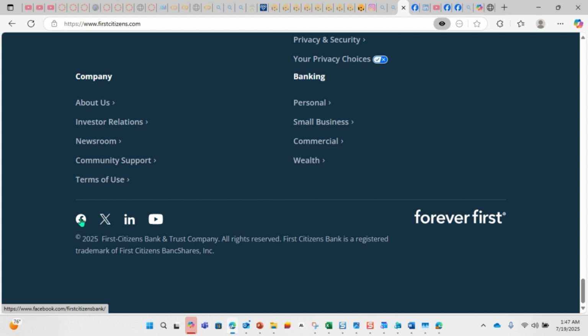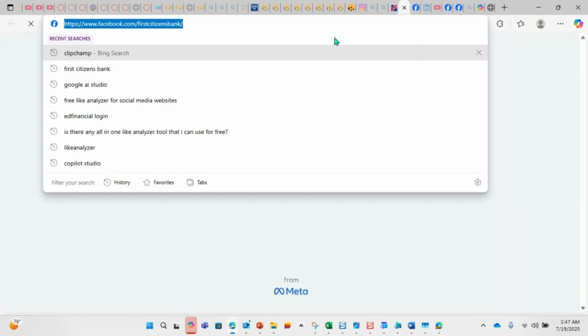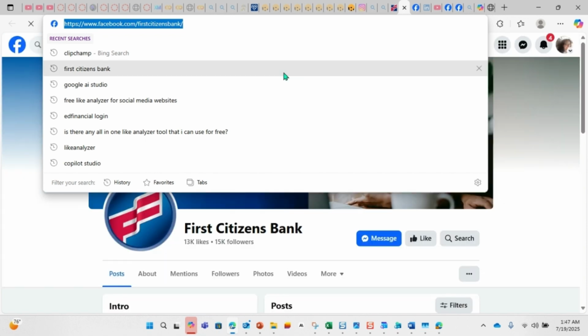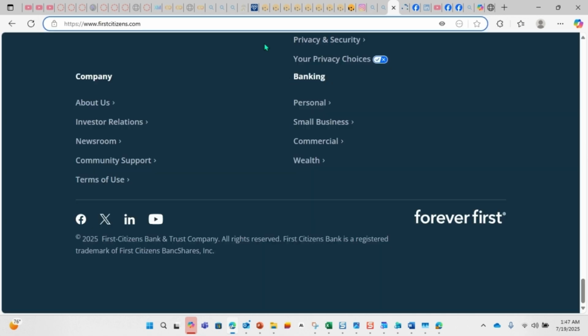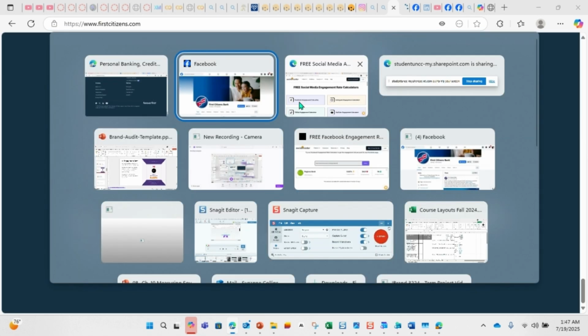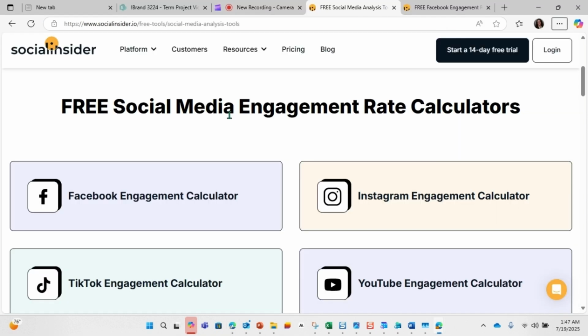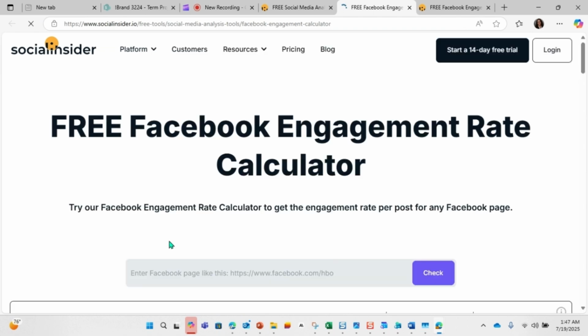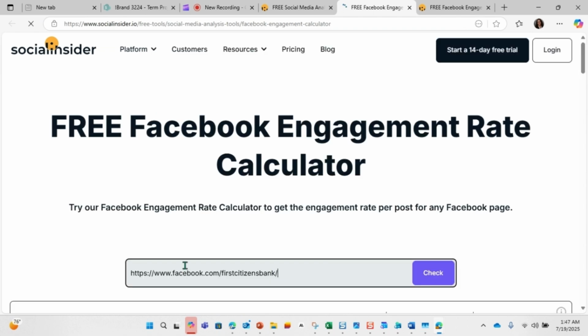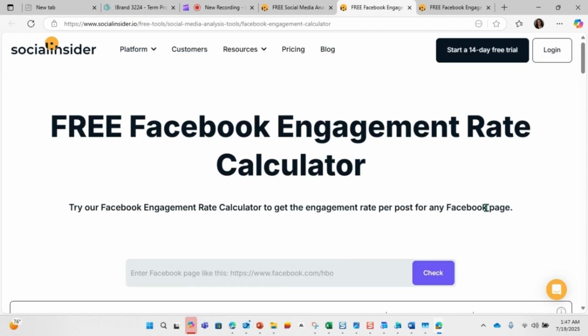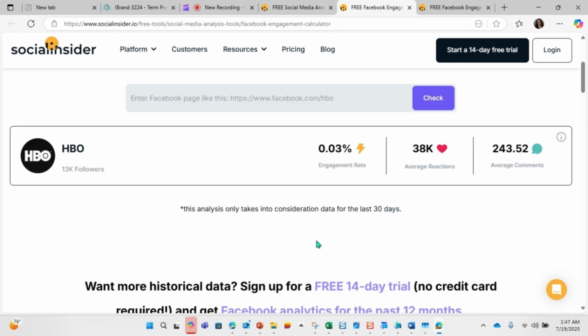Going to Facebook for First Citizens, you can see this is their URL and this is what you're going to need. Copy that over, and then we will go back to the Facebook engagement calculator and place the URL for that site into the calculator.